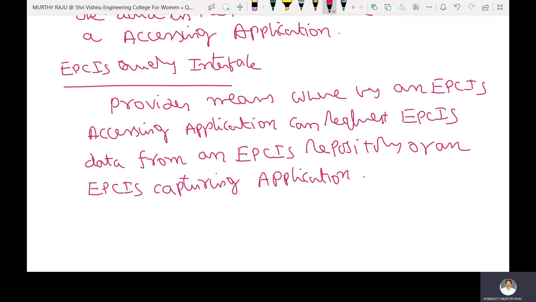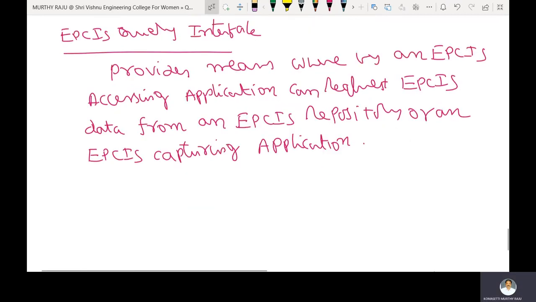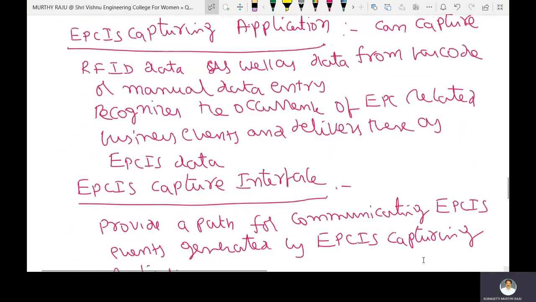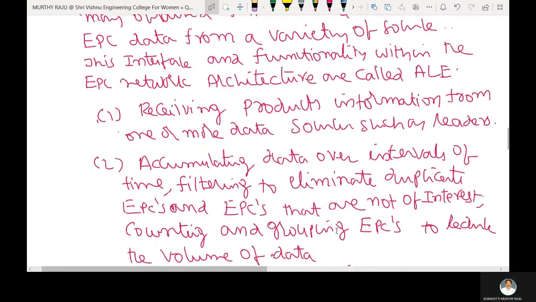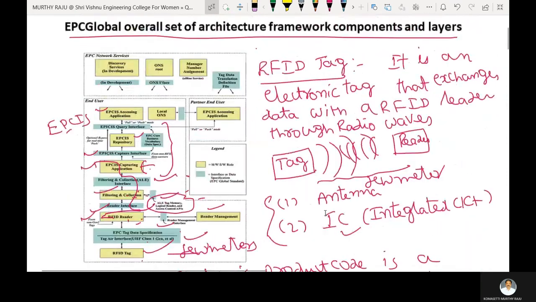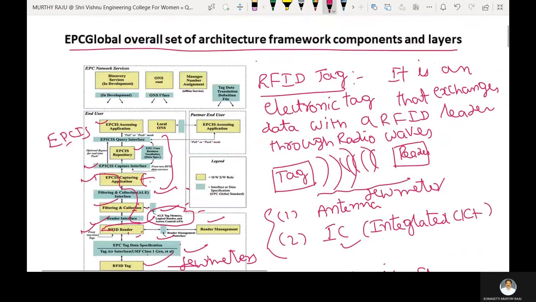Capturing applications. Next one, ONS. The EPCIS capturing application captures the information related to products from the ALE with the help of the ALE interface.